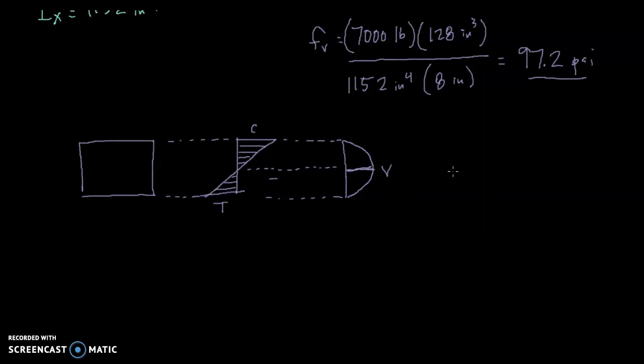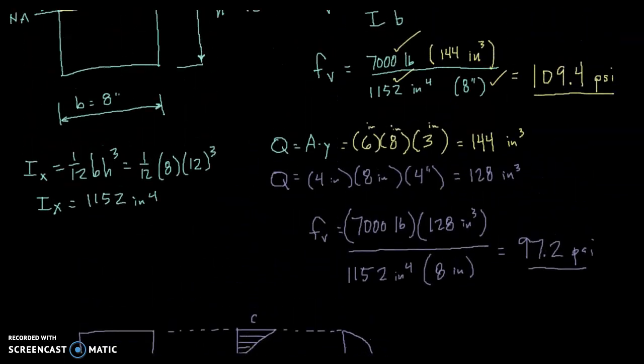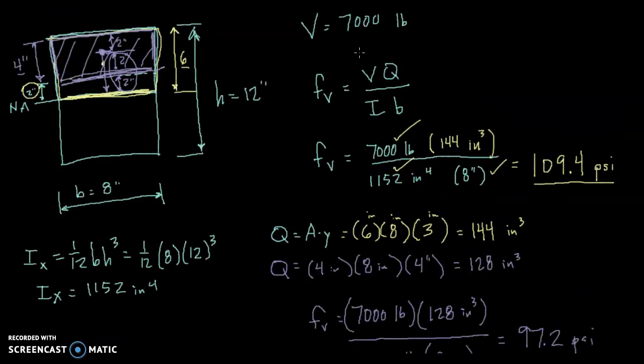So the result of all this basically is that this formula for shear stress, this one right up here that we just used, VQ over IB, we typically don't have to use very often.